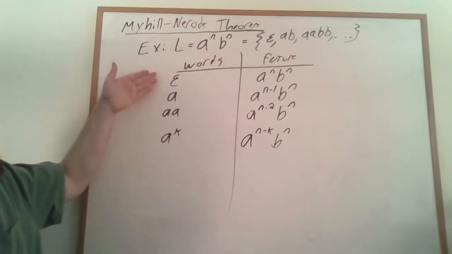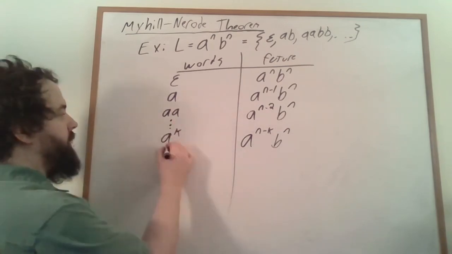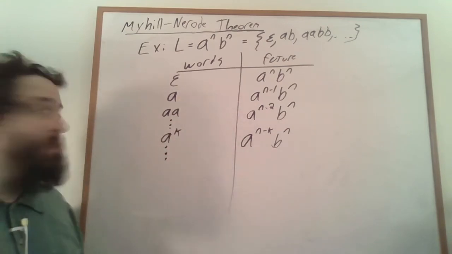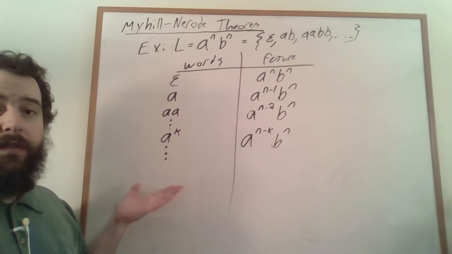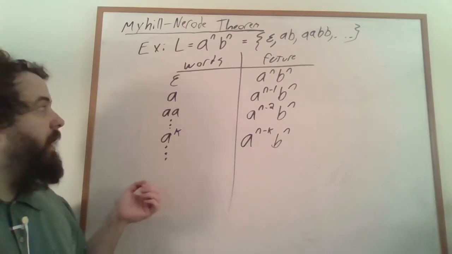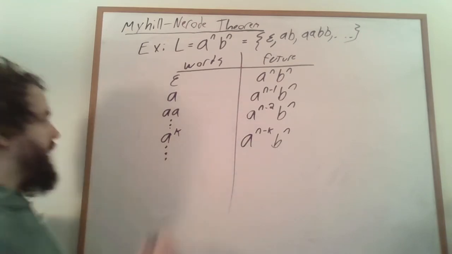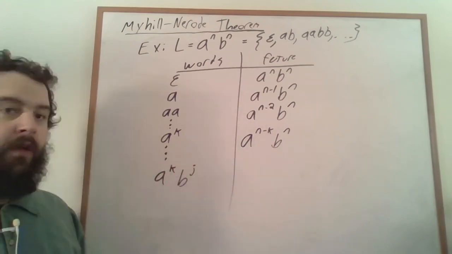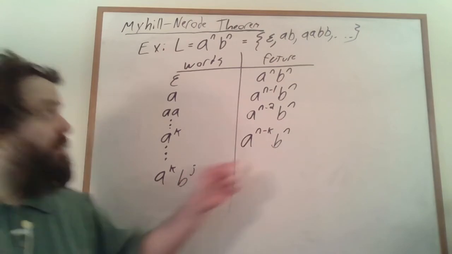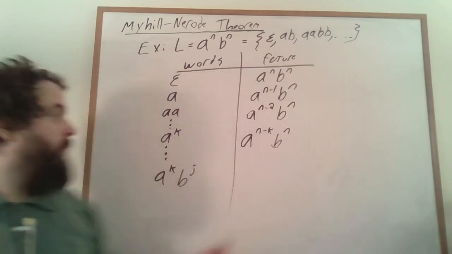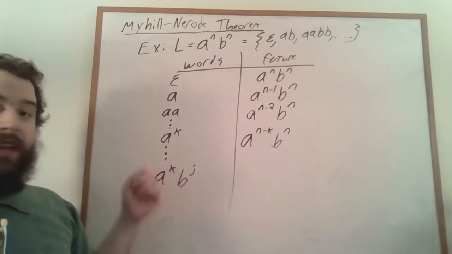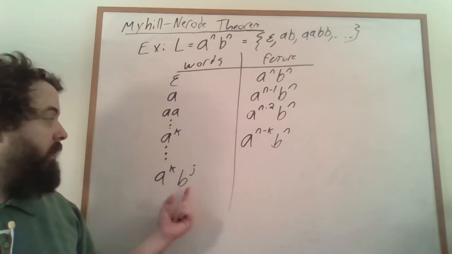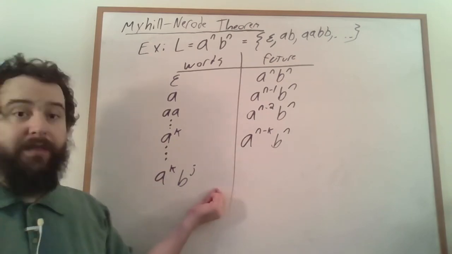As such, we have infinitely many states. And we haven't even looked at all of the words yet. We've just looked at the words that start with A. What about the words that look like A to the K, B to the J? Well, each of those is going to have a different future from this, right? For these words, we can only tack on words that consist of some number of B's.